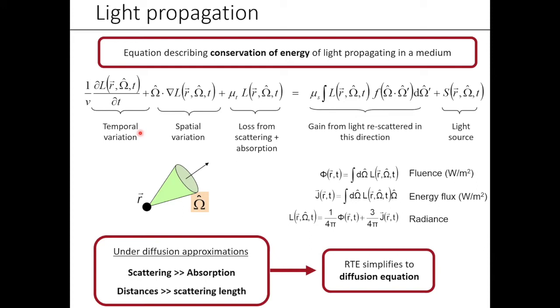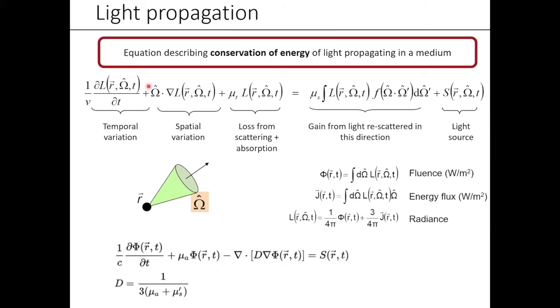As I was saying, the direction that the photon started traveling in is lost very quickly in tissue. So unless you're trying to make measurements very close to the point of light injection, you actually can assume that light is propagating homogeneously, in which case, by integrating over 4 pi these equations, you actually remove the angular dependence and you end up with the diffusion equation.